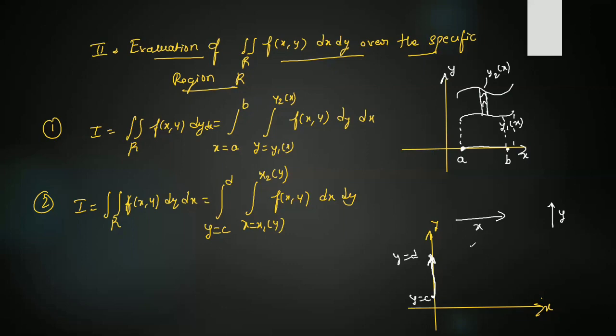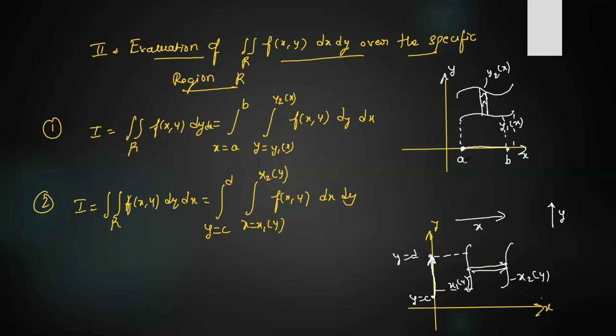We have two curves here, x1 of y and x2 of y, and these are the points. So when y varies from c to d, x varies from this curve to this curve, because our region is this. These are the lower boundary and upper boundary.